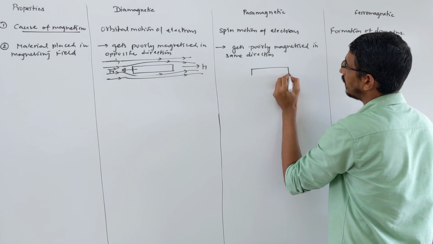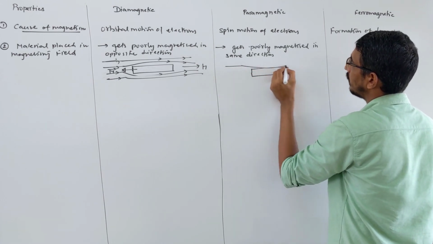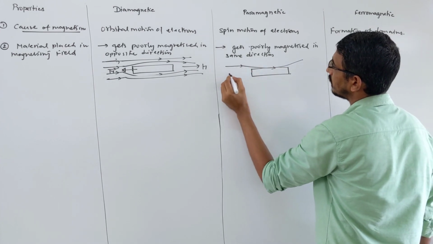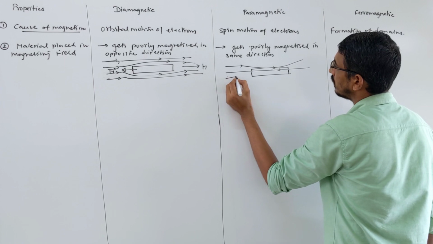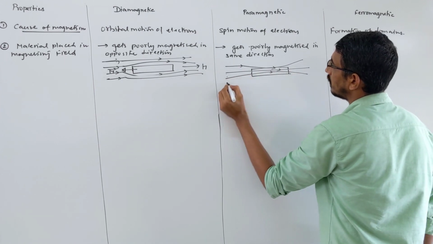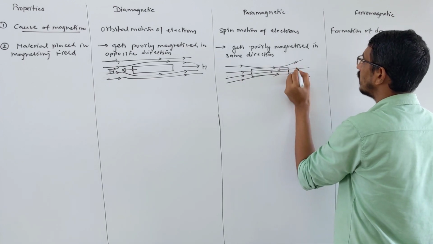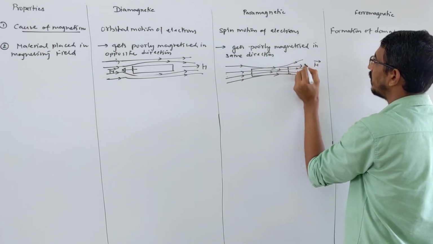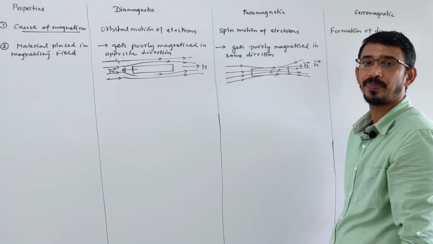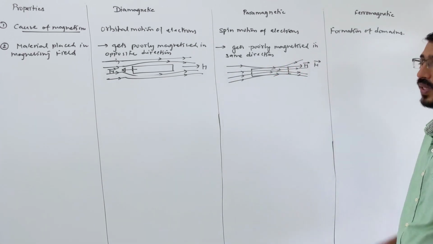This is your paramagnetic material, and the field lines try to go inside like this. This is the direction of H, and the magnetic moment also develops in the same direction. It gets poorly magnetized in the direction of the field.